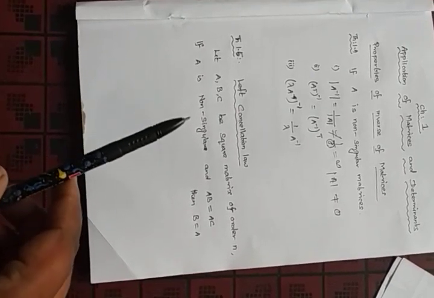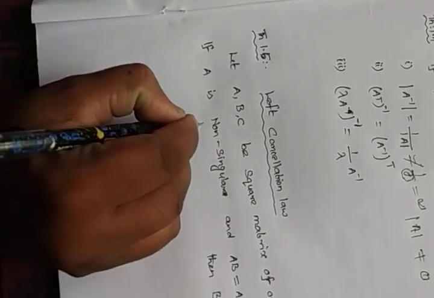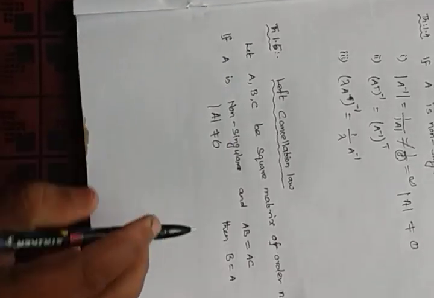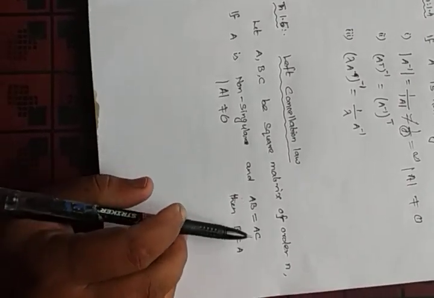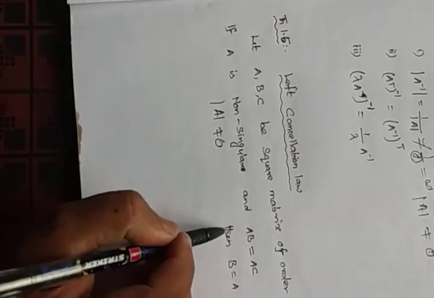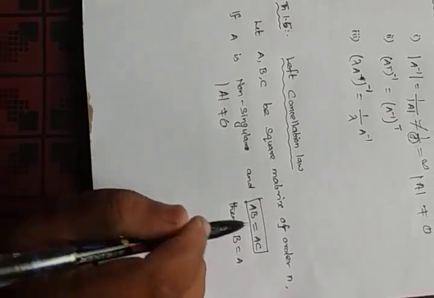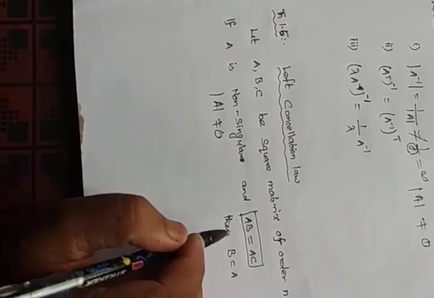non-singular means determinant A value should not equal 0. Then if AB equals AC, you can cancel.